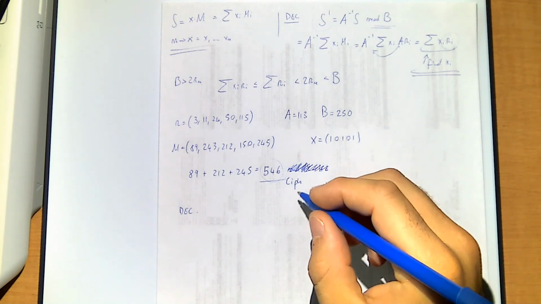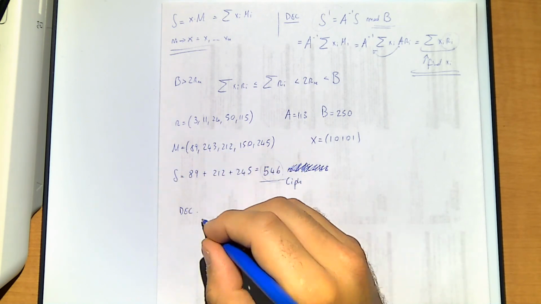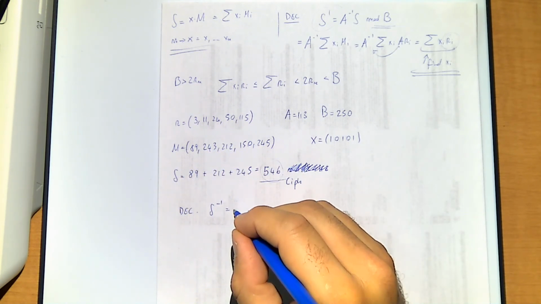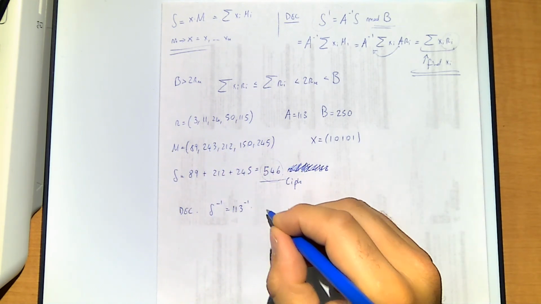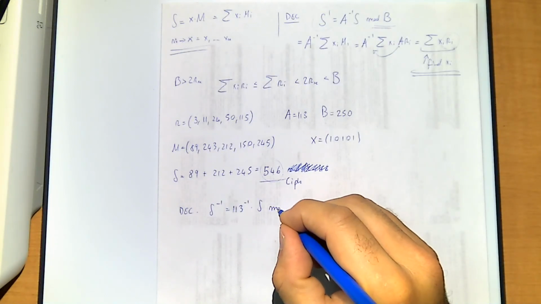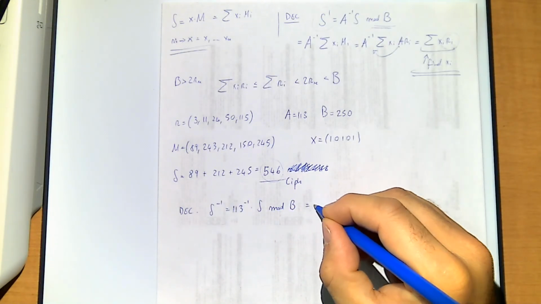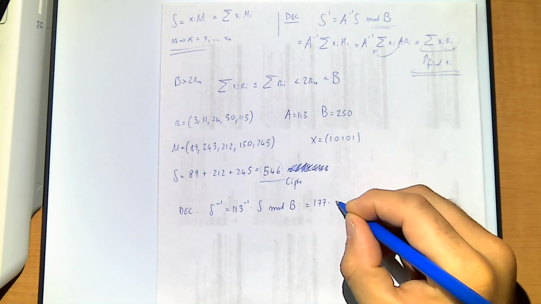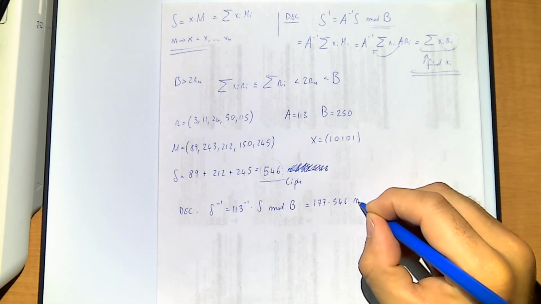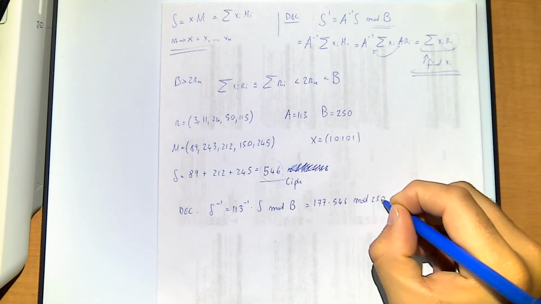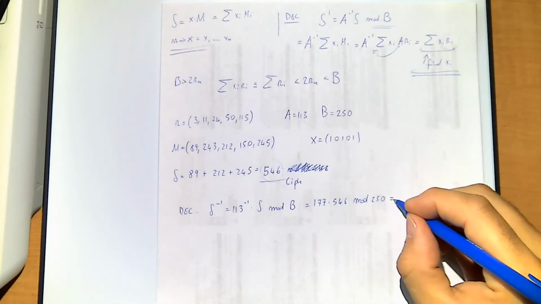So upon receiving this S, I'm going to compute S prime, which is the inverse of A times S mod B. So it's going to be 177 times 546 mod 250, and you get 142.